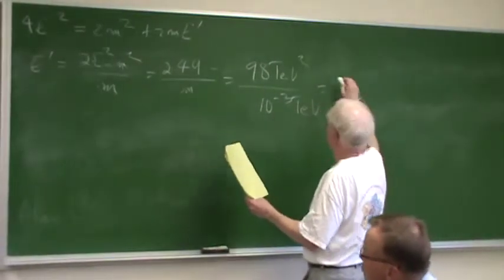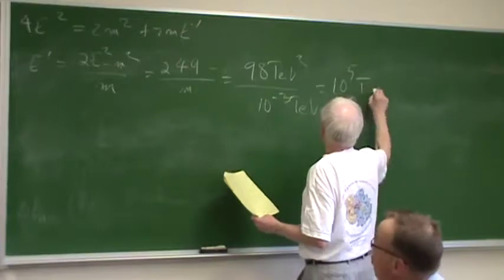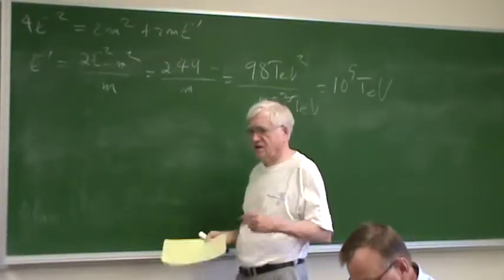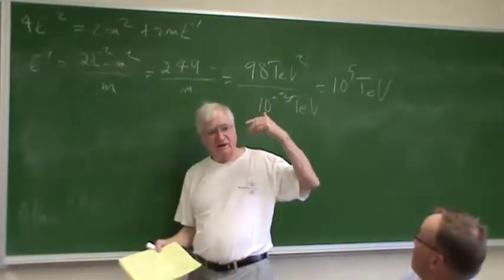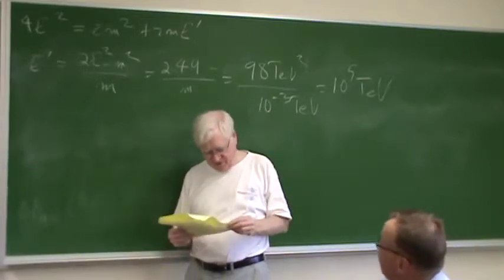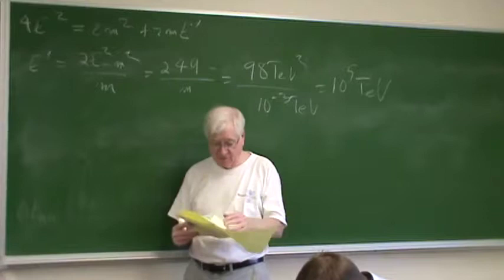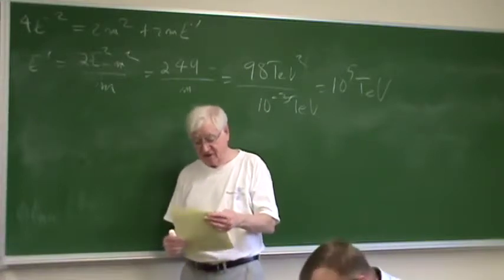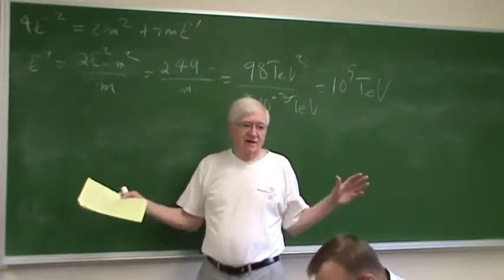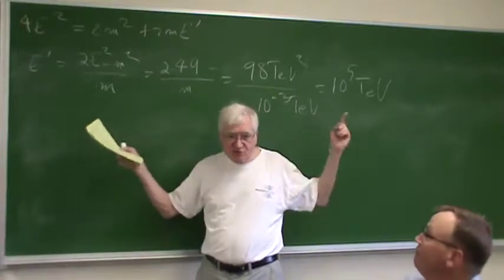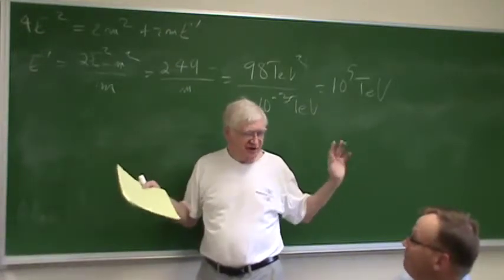So I'm getting 10 to the 5th TeV. So the energy of the other proton in the rest frame of one of the protons is 10 to the 5th TeV. Again, this is not gospel. I mean, I could have screwed up, all right? So you check this.